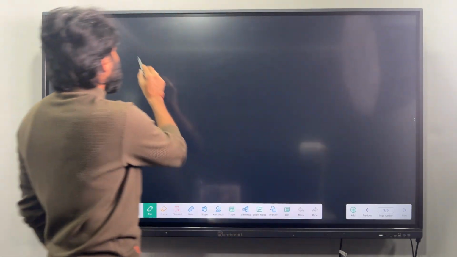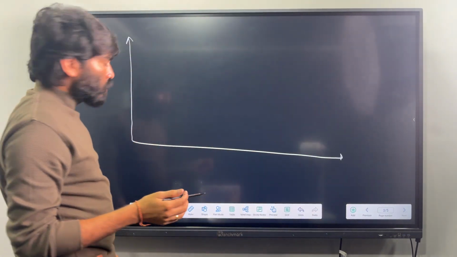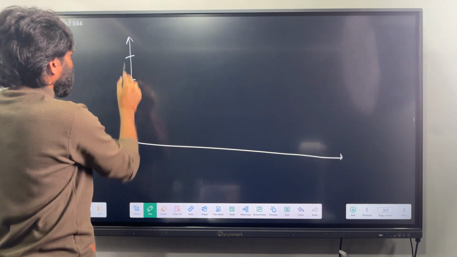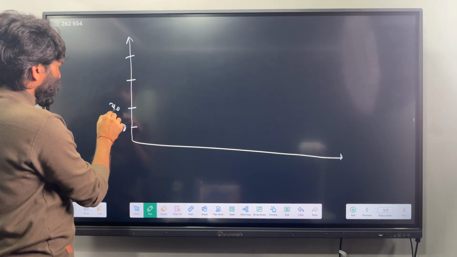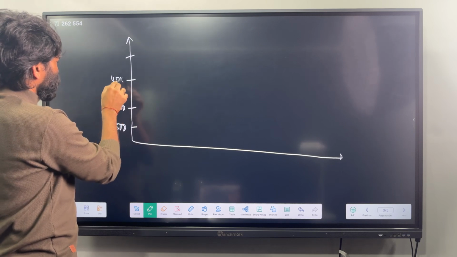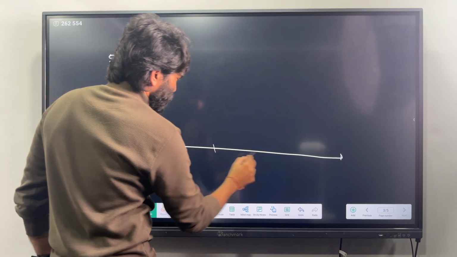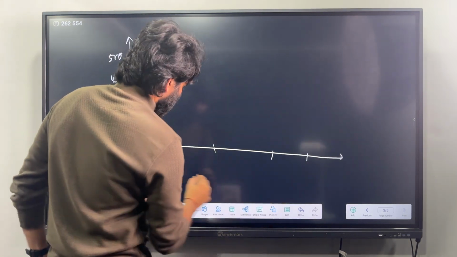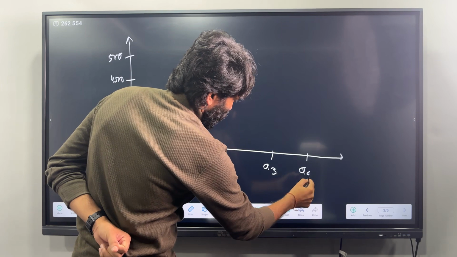Let's say the TCS stock price, as it is in its collateral, right? Started from 3,500, 4,000, 4,500 and 5,000. So here you can see quarter 1, quarter 2, quarter 3 and quarter 4.